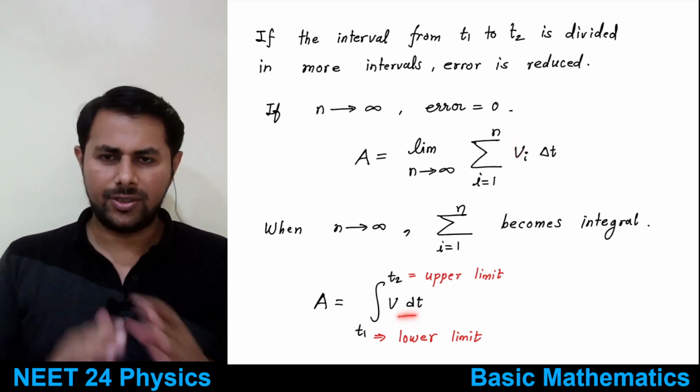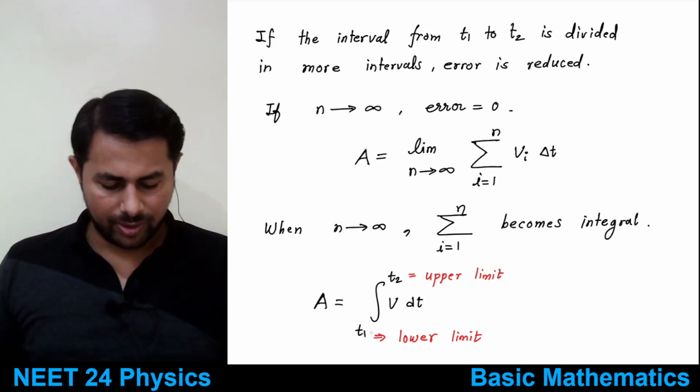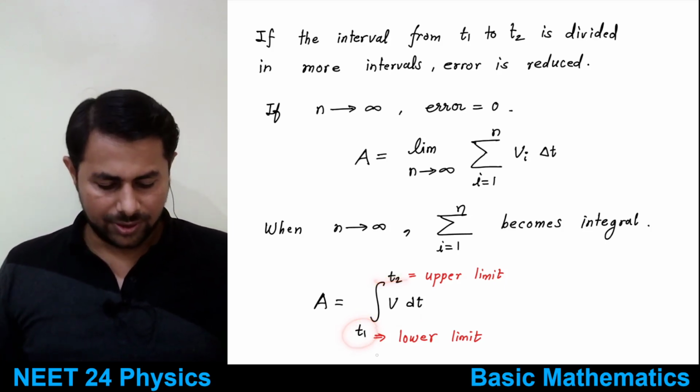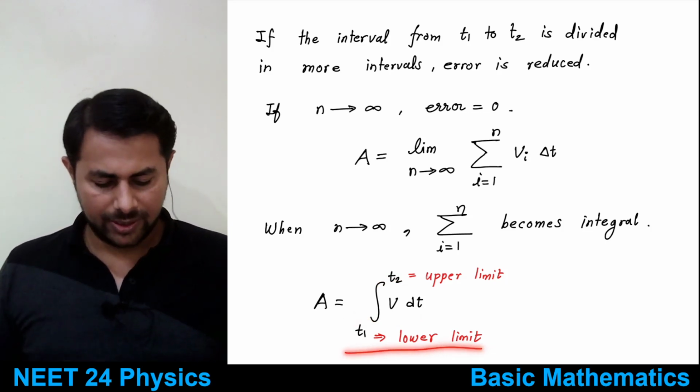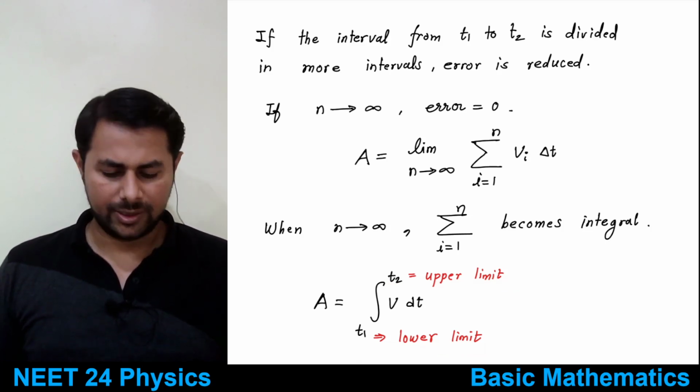So dt means that t is a variable. You are changing t from t1 to t2. So t1 is called the lower limit, t2 is called the upper limit. Okay, this thing is clear, everyone?